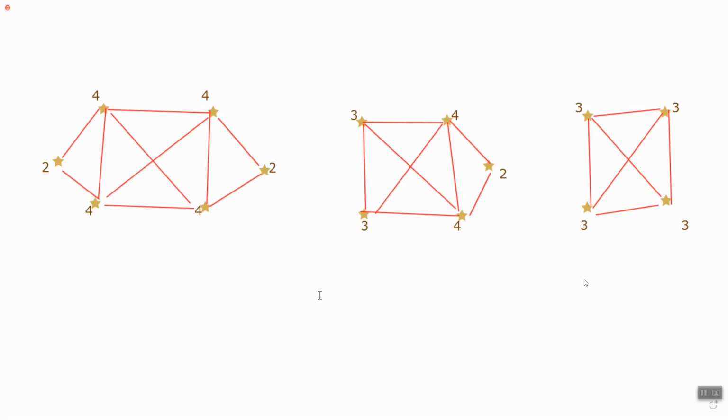Okay, these are the 3 graphs. Here, every vertex has even degree. So you can start from any place you like.